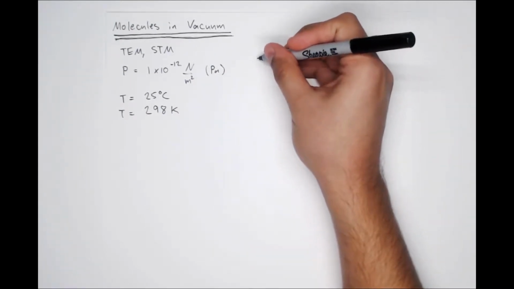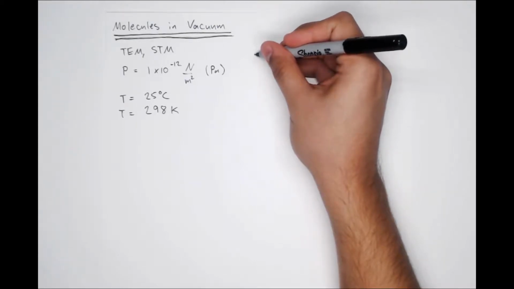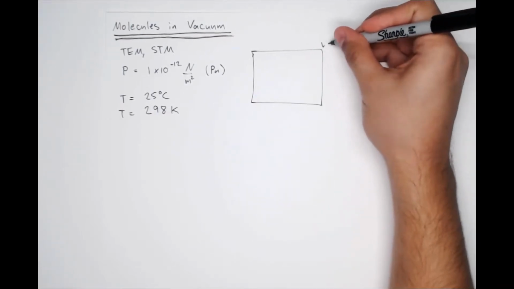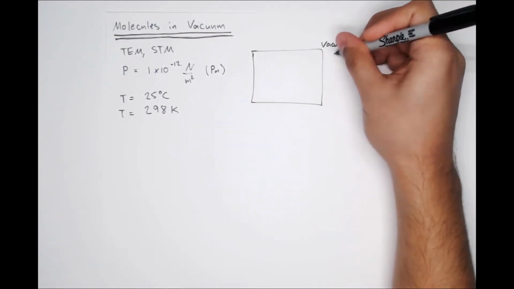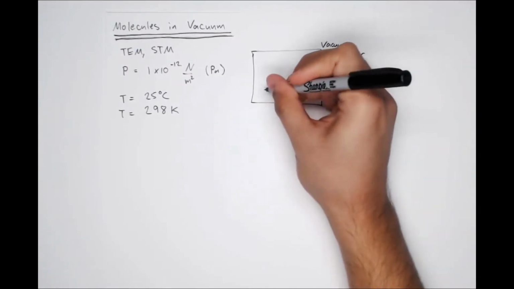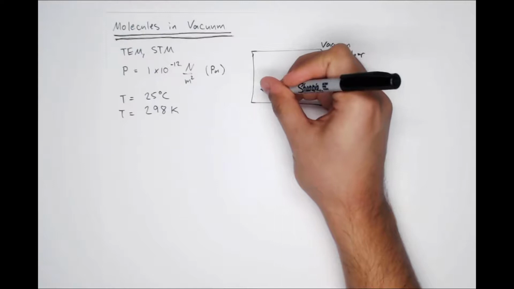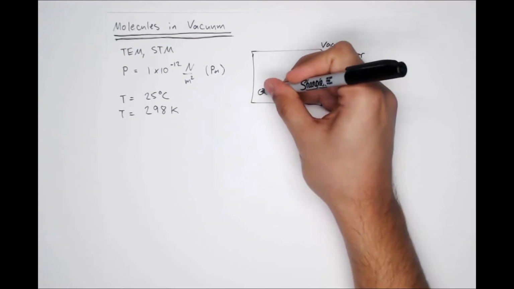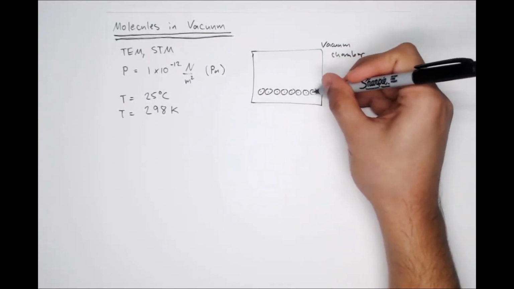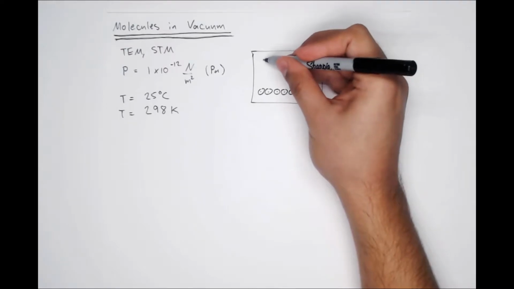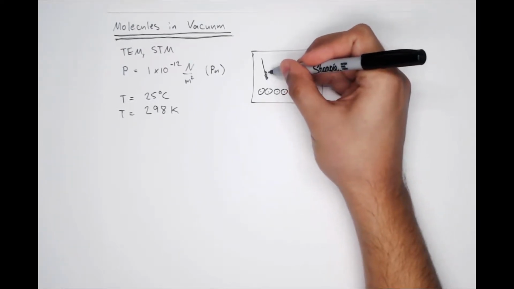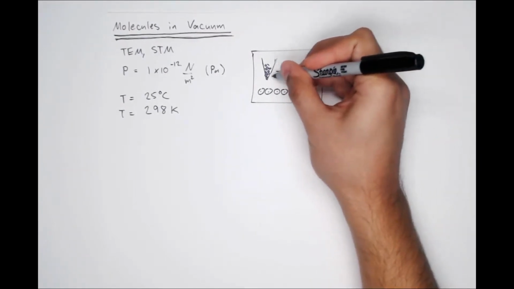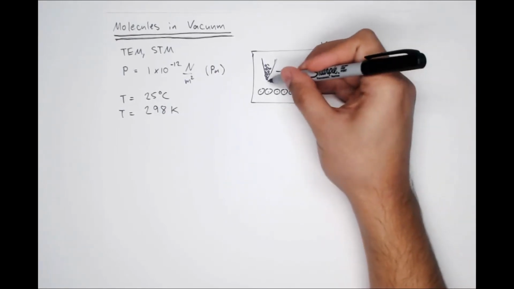Let's just visualize over here the case of a scanning tunneling microscope. You're going to have some vacuum chamber. There's going to be a surface that's basically composed of, let's just imagine, some atoms that you're trying to visualize. So there are our nuclei. And we're going to have some extremely sharp tip material that's also composed of atoms, of course, trying to basically drag over the contour of these atoms.